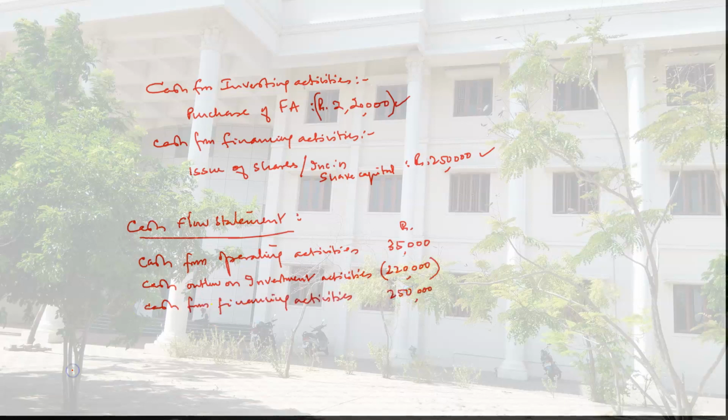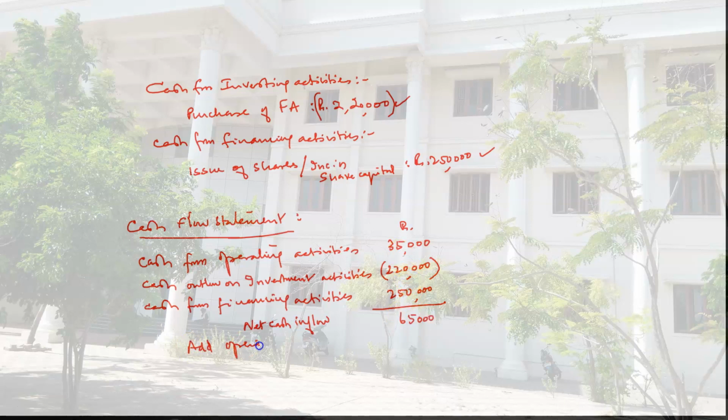When you consolidate this, this is outflow and this is inflow. So it is going to be 30,000 inflow plus 35,000 operating. So it is going to be 65,000 net cash inflow. This is 30 plus 35, 65,000 rupees.